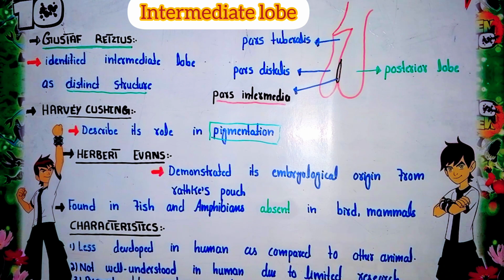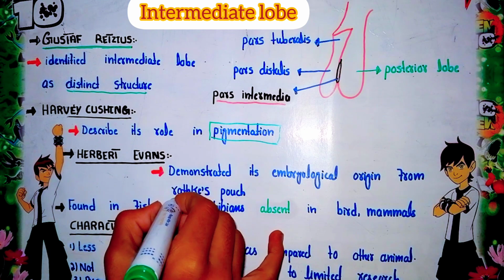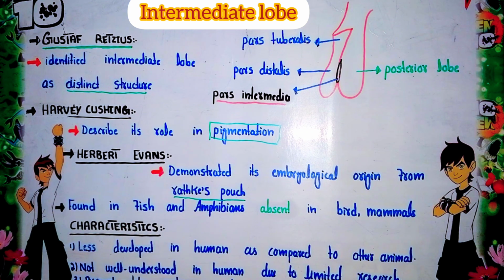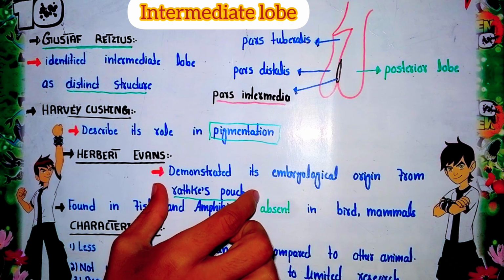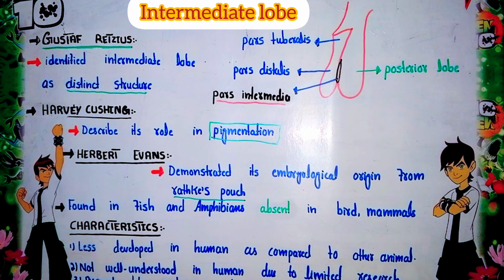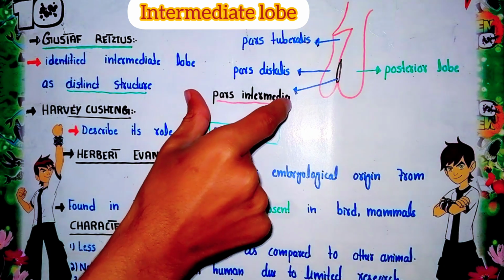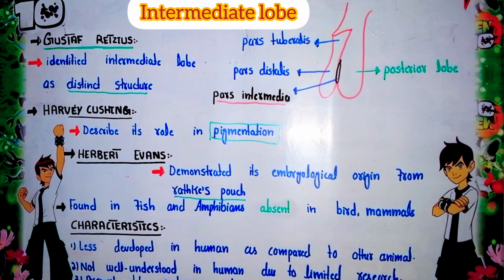So actually the pituitary gland arises from the Rathke's pouch that we have discussed already in the development of the pituitary gland. So this intermediate lobe actually arises from the Rathke's pouch. So you can simply say that this intermediate lobe is a part of the anterior lobe of the pituitary gland.